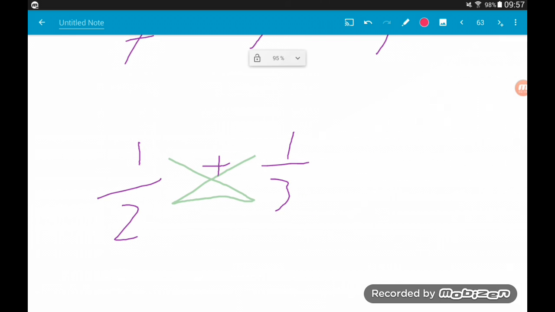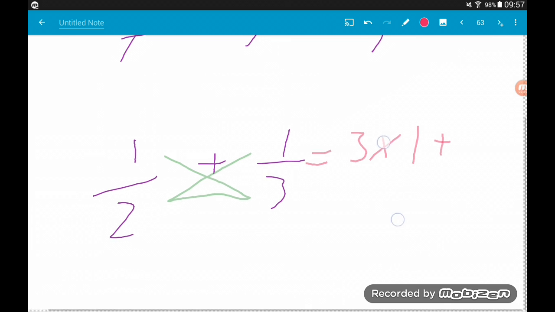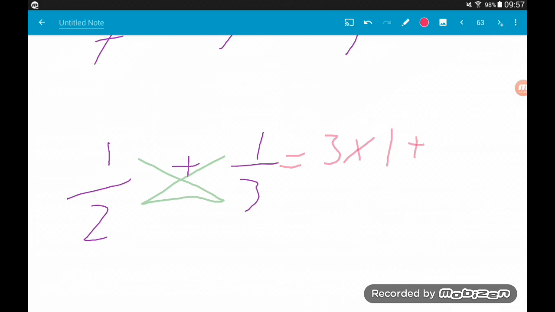So what's going on here? Well, what we do is the bottom of the second fraction times the top of the first. So 3 times 1. And we've got the addition, so we stick that next. Then the bottom of the first fraction times the top of the second. So 2 times 1.